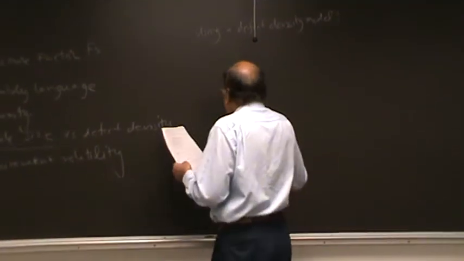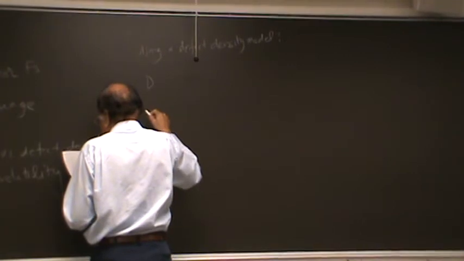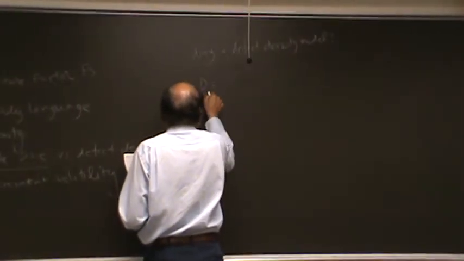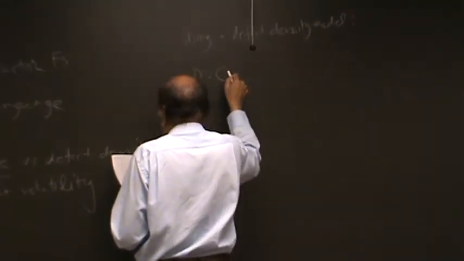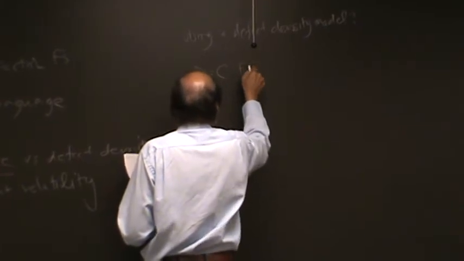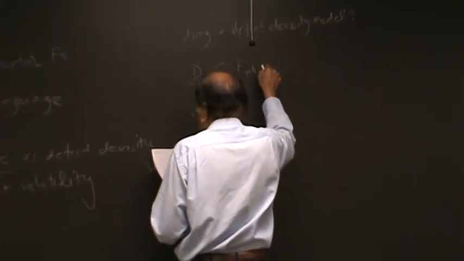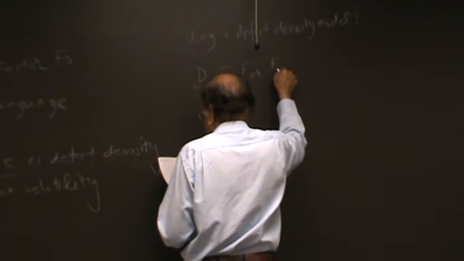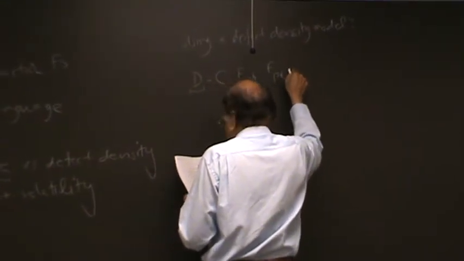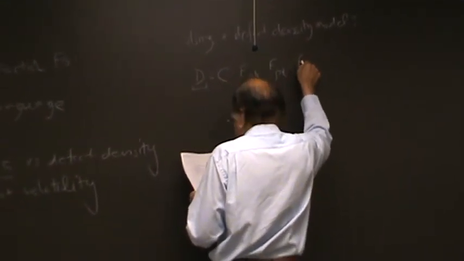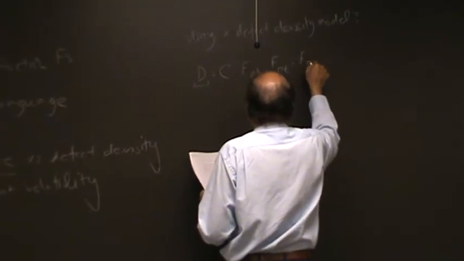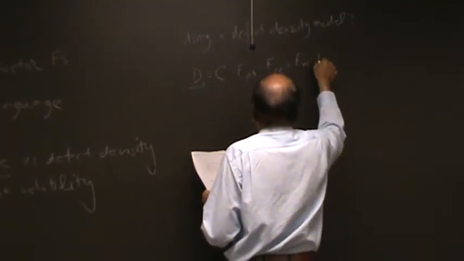Now, you might recall that the model that we had proposed is this: defect density equal to some constant, and these factors. Notice that these factors are not necessarily linear expressions.